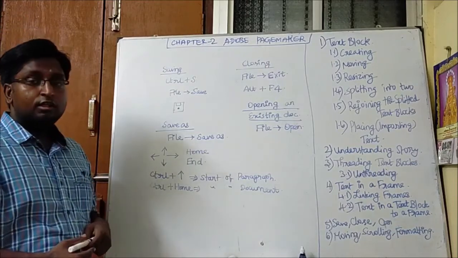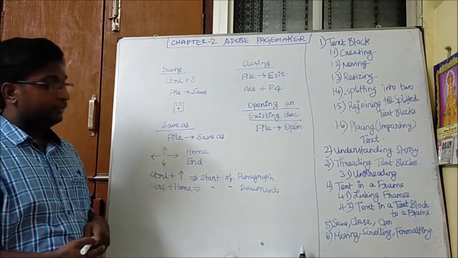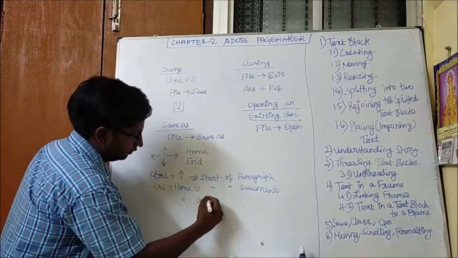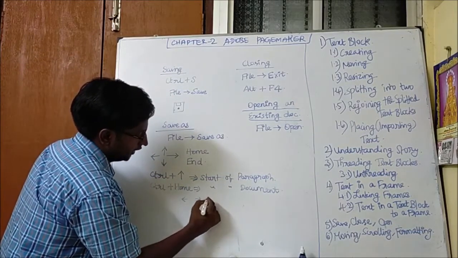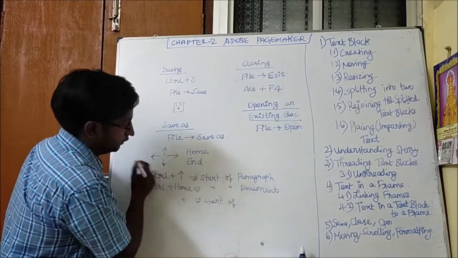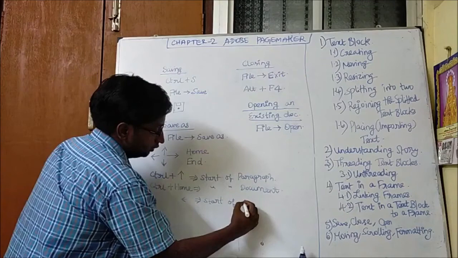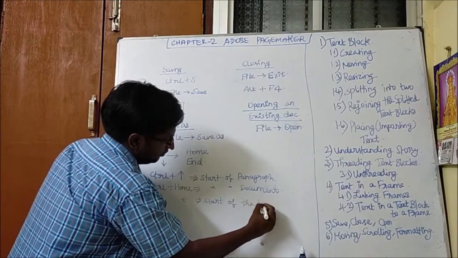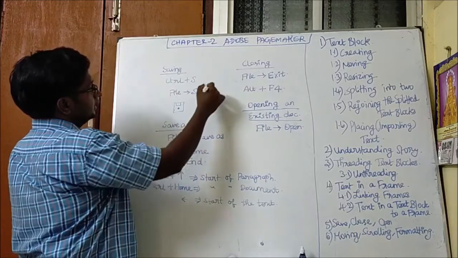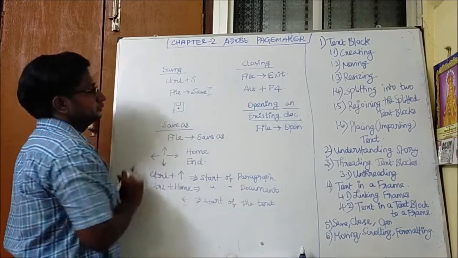Similarly, we can use the left and right arrows. When you press Control plus left arrow, it will move backward. Say, for example, my cursor is here.